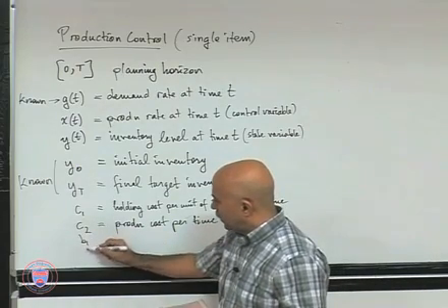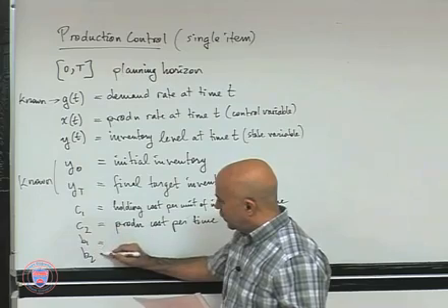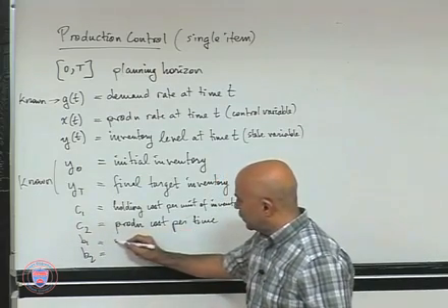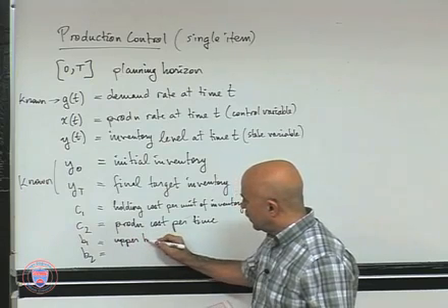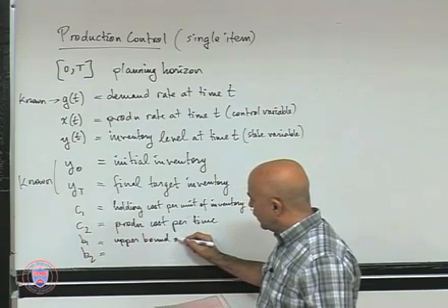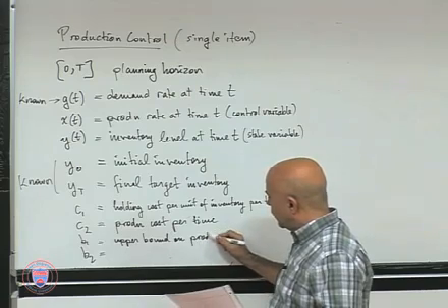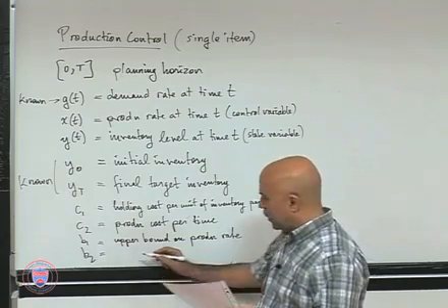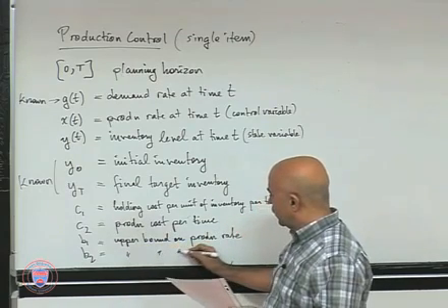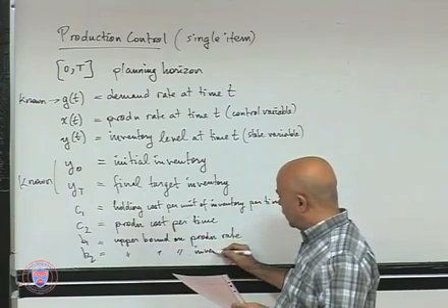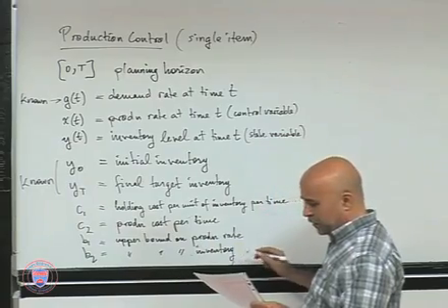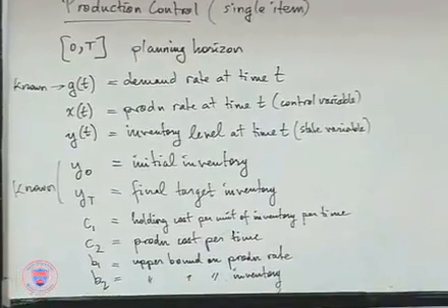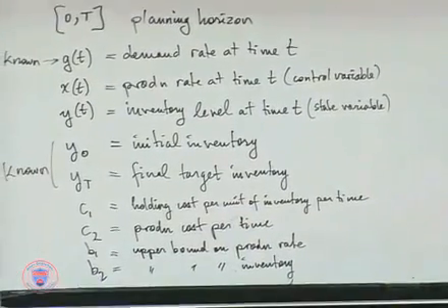And B1 and B2, these are your control limits: B1 is the upper bound on the production rate, and B2 is the upper bound on the inventory level. I don't have any lower bounds in this case. The lower bounds are natural lower bounds, which are 0. Okay?